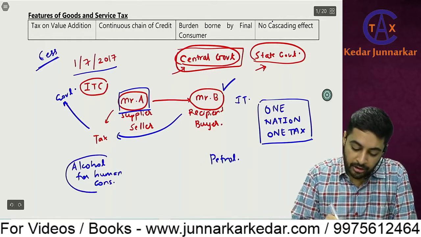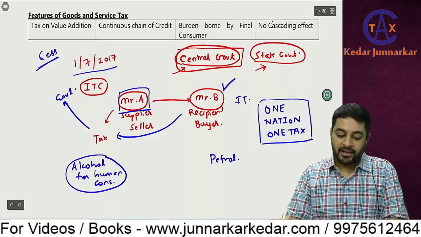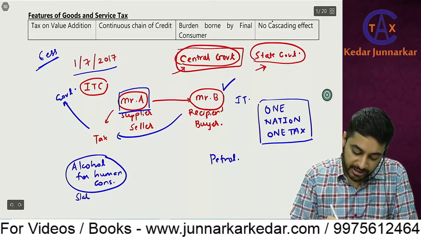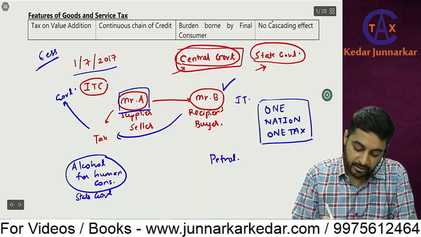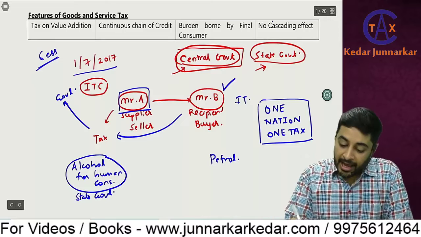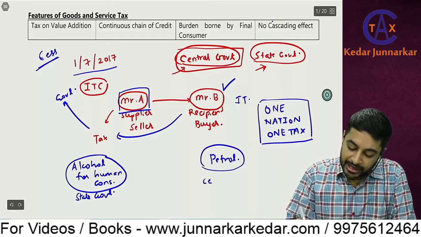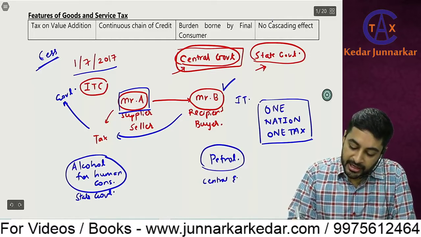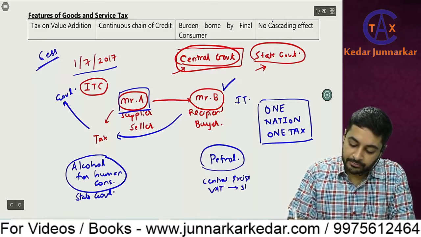So alcohol remains the revenue of state government. On that, state excise is levied. On petrol, central excise is also levied and VAT is also levied, which is the revenue of state government.